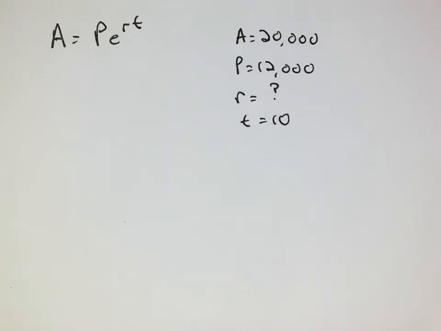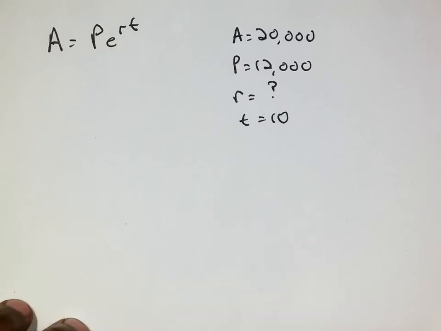Our formula is A equals P e to the rt. Again, the amount was $20,000 that we need. We only have $12,000 to invest. We want to figure out what that interest rate is. And the time is 10 years.